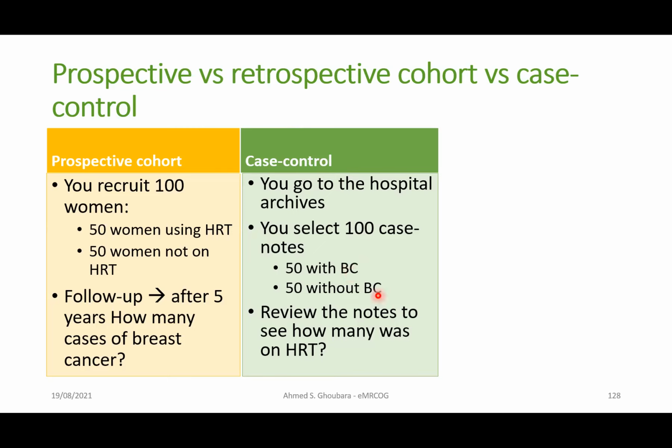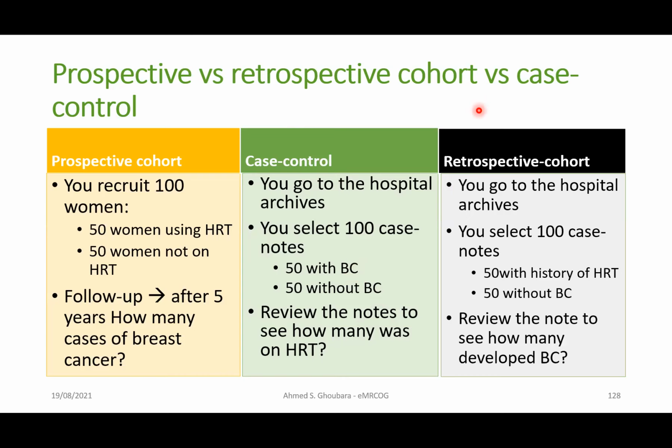So you start with disease and no disease. So what is the retrospective cohort study? A bit tricky. So you go to the hospital archives, you select this time 100 case notes, 50 with history of HRT and 50 without history of HRT.